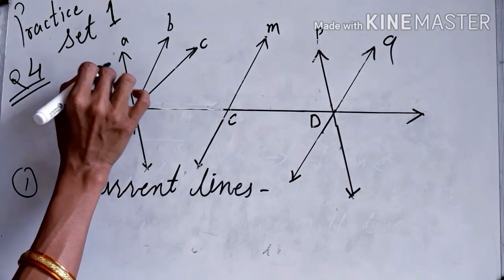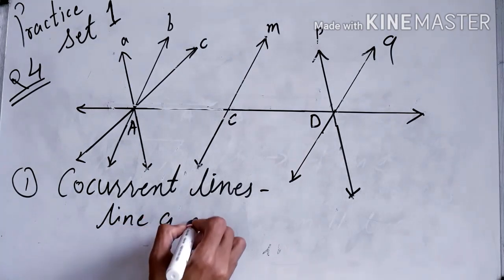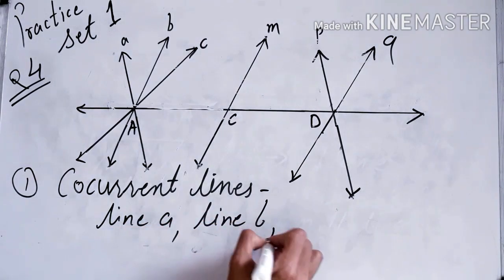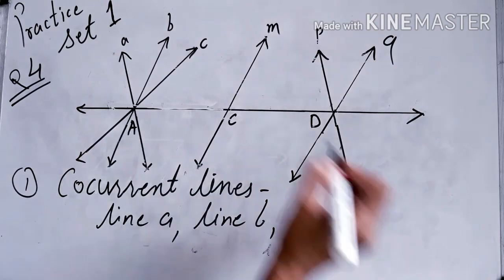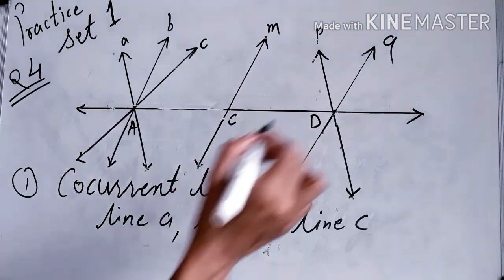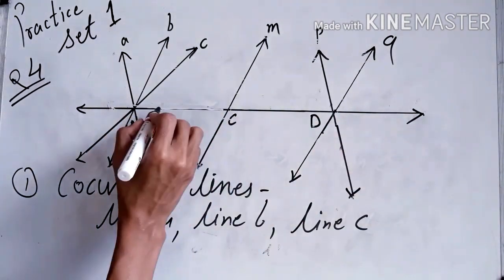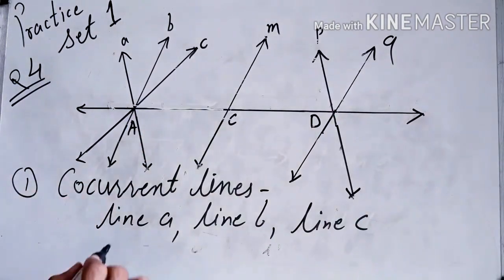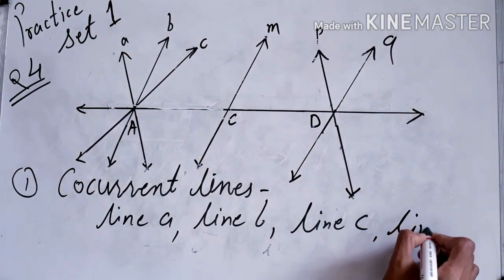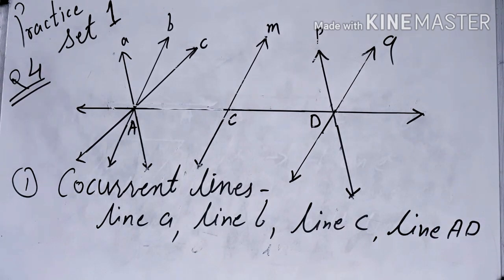See, line A, line B and line C, they meet each other here at the point A. So they are concurrent. Plus one more, this big line, line AD, is also concurrent here. Line A, line B, line C and line AD are concurrent.